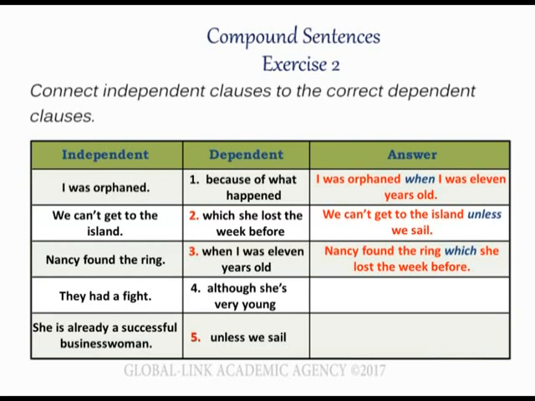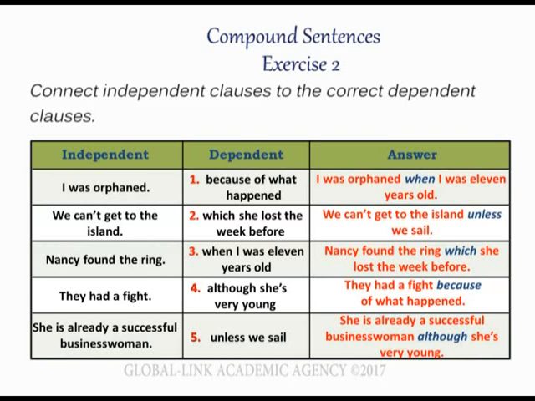The correct dependent clause is number 1, because of what happened. They had a fight because of what happened. And the last one, she is already a successful businesswoman. The correct dependent clause is, of course, number 4, although she's very young. The sentence is: she is already a successful businesswoman, although she's very young.